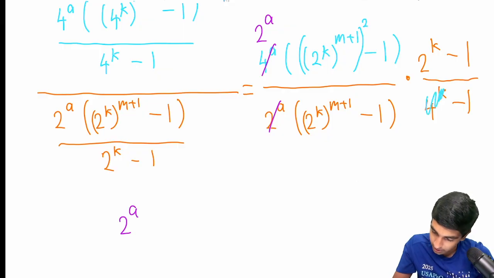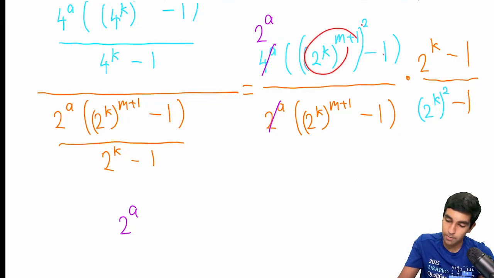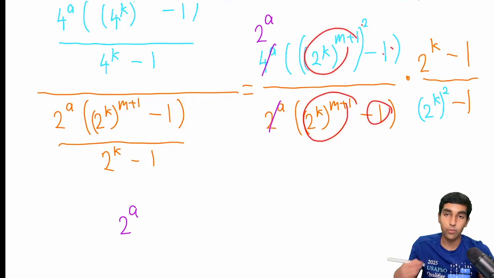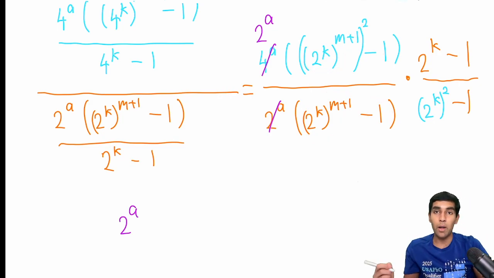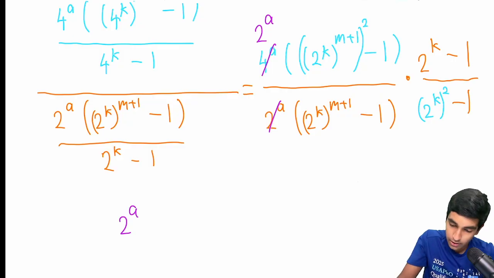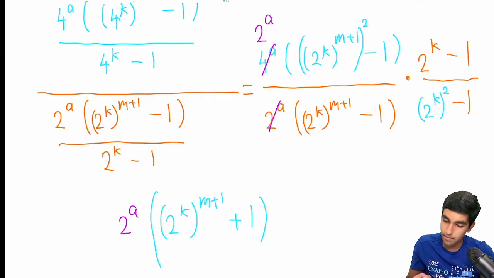Same thing here, 4 to the k is 2 to the k squared. Now we have something squared minus 1, and that same something minus 1. x squared minus 1 equals x minus 1 times x plus 1 by difference of squares. So we can rewrite this whole thing as simply 2 to the k to the m plus 1, plus 1, by difference of squares.